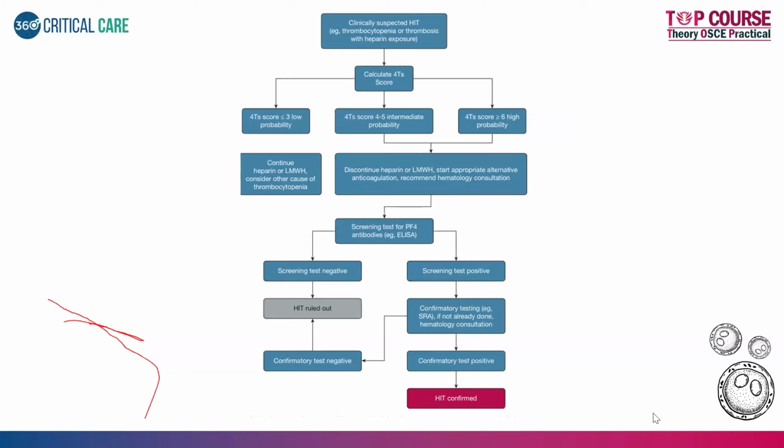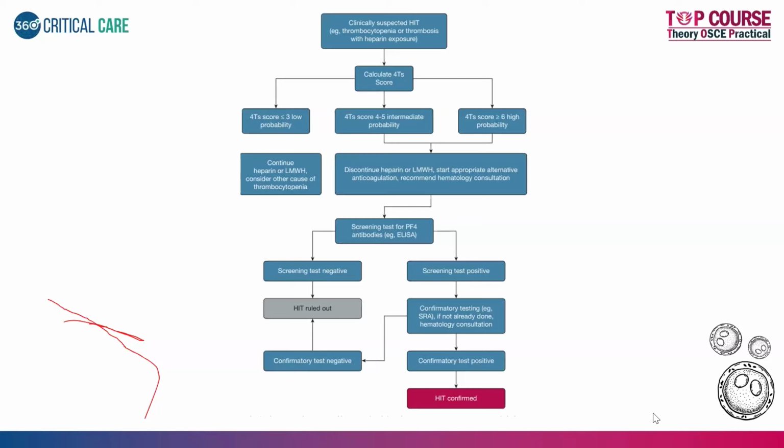Okay, so that is the first and foremost step whenever you are thinking of HITT and you have come to a score of probably 4 and above. Okay, so intermediate to high. The first step is stop the inciting factor. After doing that, go ahead with your screening test, then get your confirmatory test to come to a diagnosis of HITT.